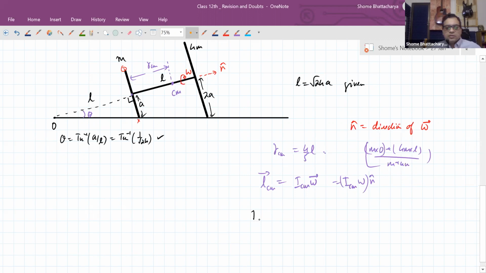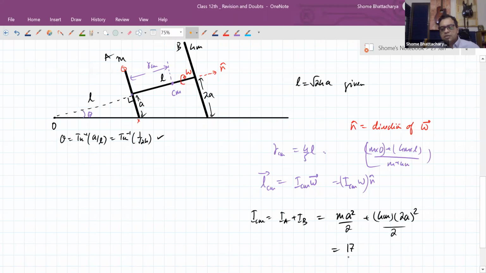Now the moment of inertia about the center of mass will be what? Moment of inertia of the first disk plus moment of inertia of the second disk about this axle. So that will be mr square by 2 formula we'll be using. So this will become 16 plus 1, 17 by 2 ma square.